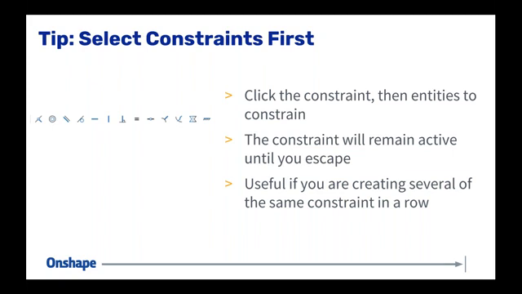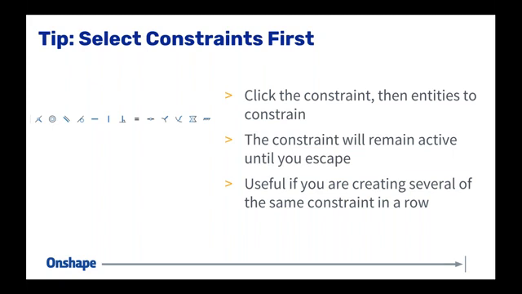And in short, the difference is instead of selecting the geometry that you want to constrain and then selecting the constraint from the toolbar, you select the constraint from the toolbar and then select the geometry you want to constrain. And it sounds like a very small difference, and it is, but the big thing that this does is it means that if you select the constraint first, the constraint will remain active until you escape out of it.